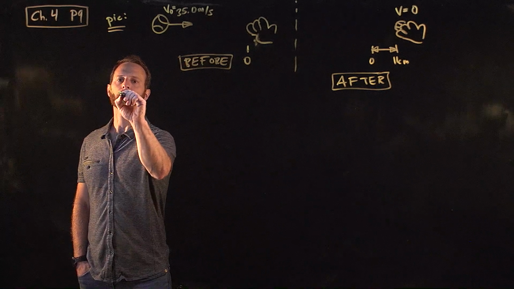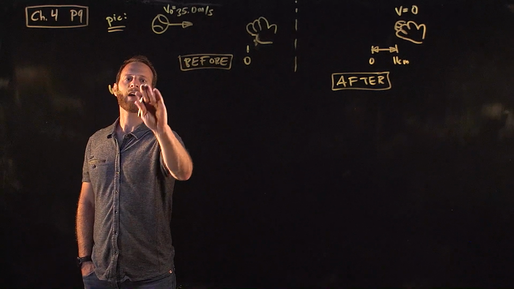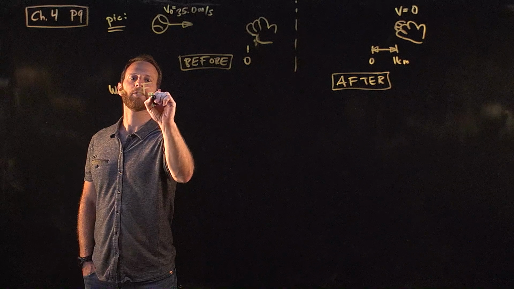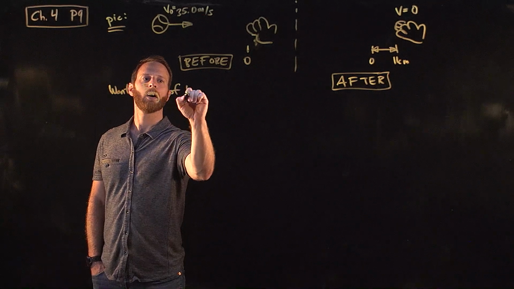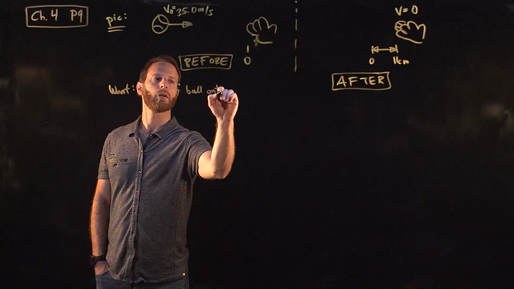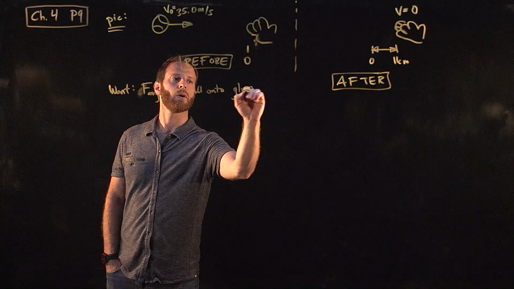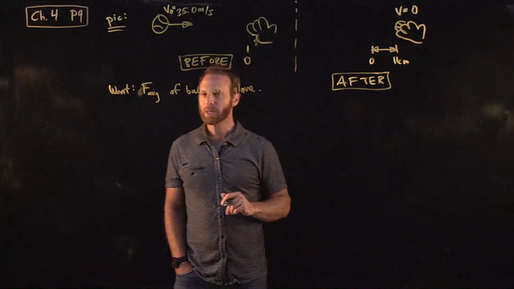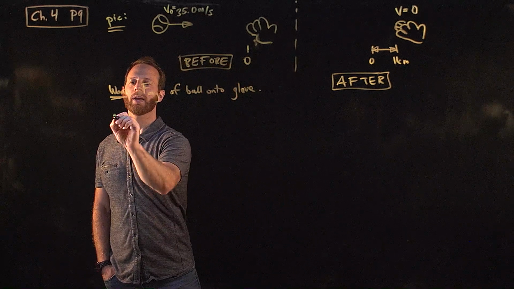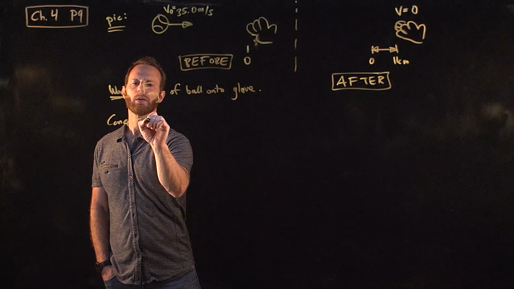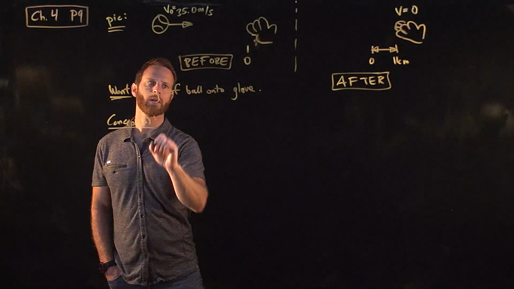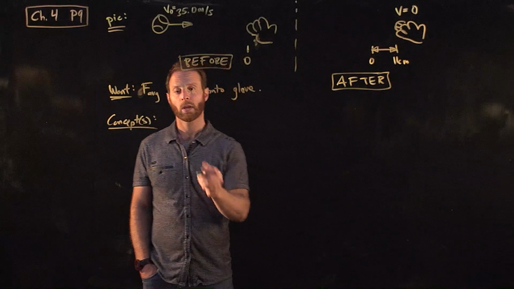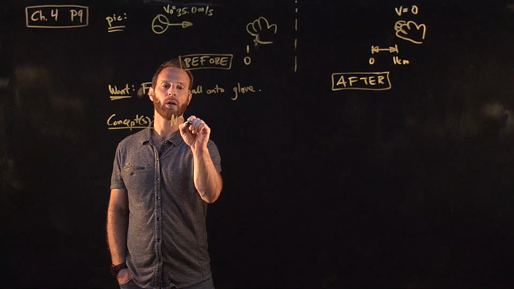Let's write down what it is again that we want. We want the average force, let me call that F average, force of ball onto the glove, or the mitt. They mean the same thing. Okay, so conceptually, what do we have? Concepts. We're talking about forces, so probably we're going to need Newton's second law, N2L.